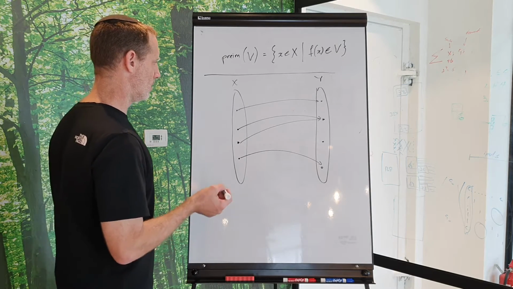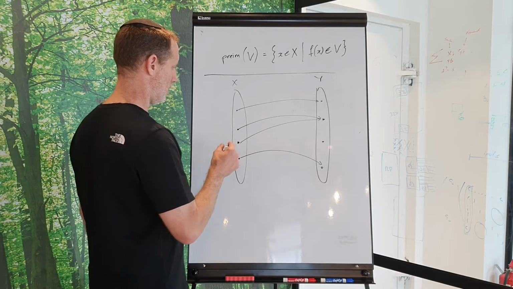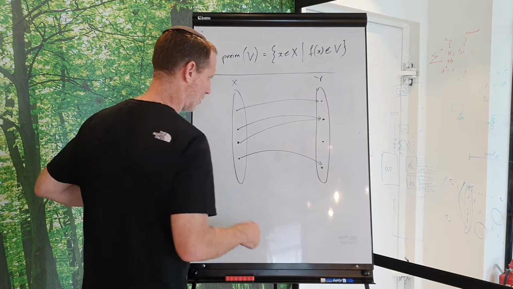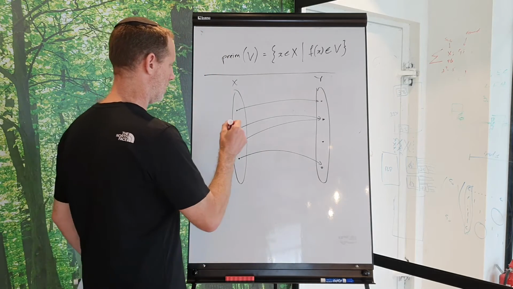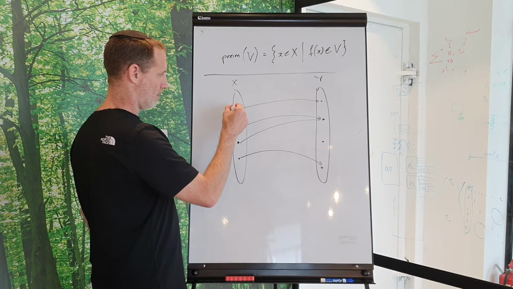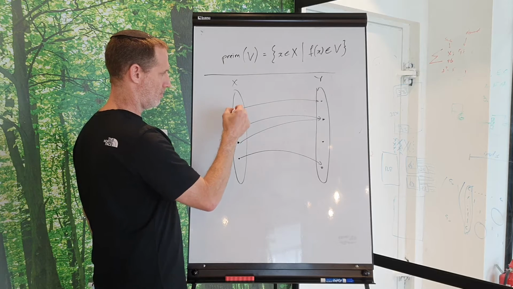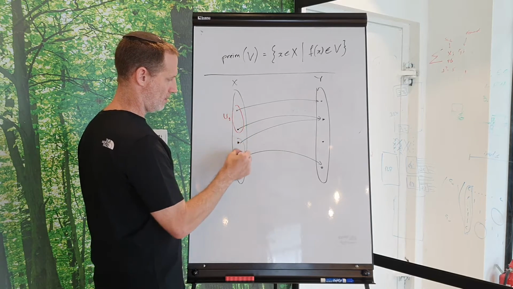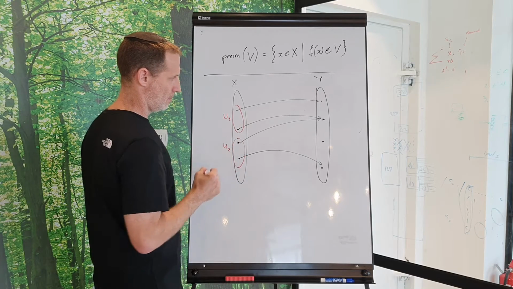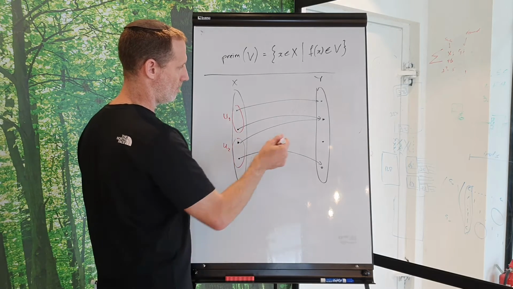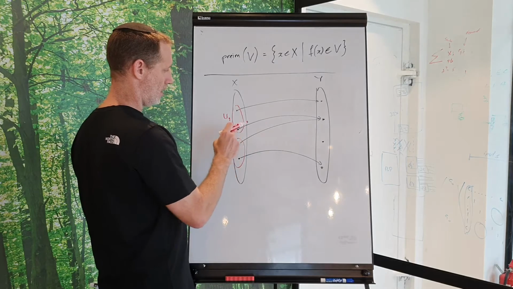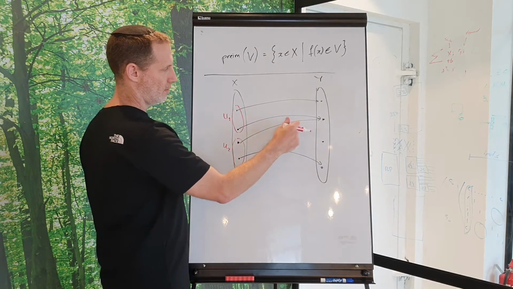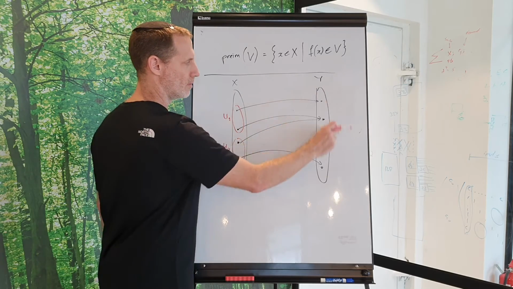If you want to look at, say, U1 and U2, you can see that the union is equal to the union here.